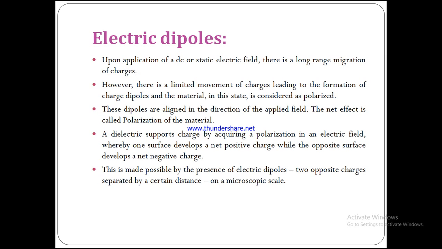However, there is a limited movement of charges, leading to the formation of charge dipoles, and the material in this state is considered polarized. These dipoles are aligned in the direction of the applied field. The net effect is called polarization of the material.